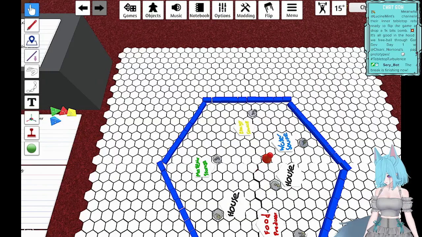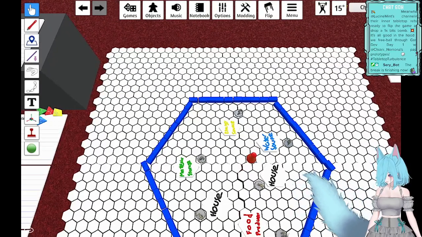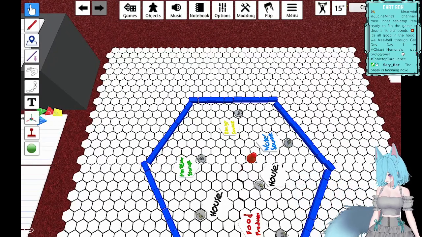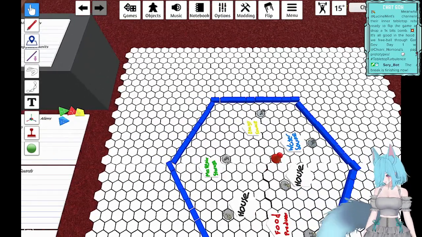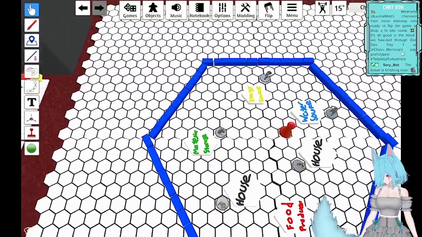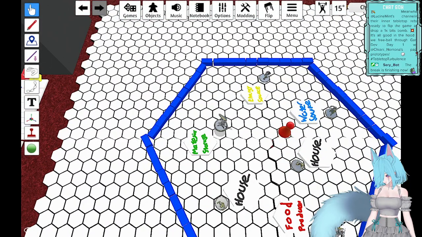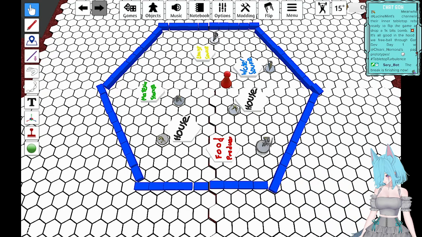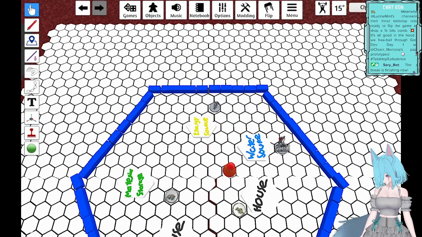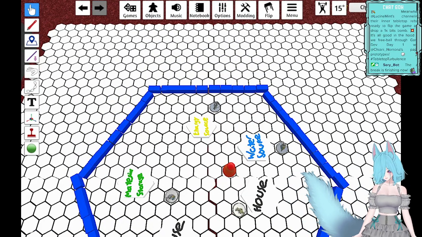So, normally, I would have just said, well, technically it would be 1-1, but in this case, I'll let everyone move. Like, this guard here moves here. This guard here, where are you facing? Here. So, you move here. As for this guard, he is technically already facing the wall.